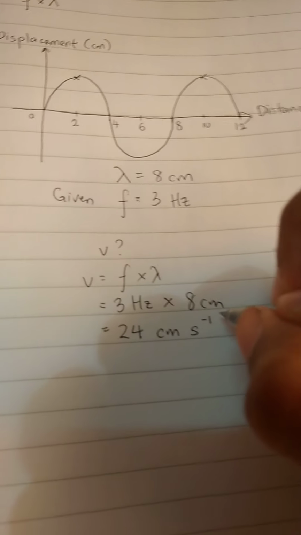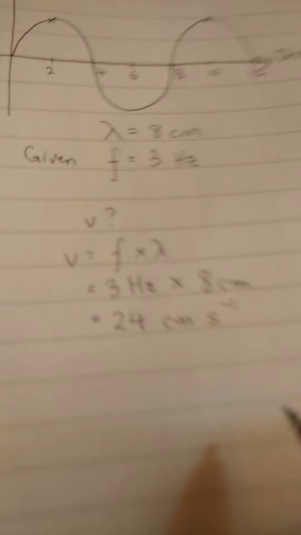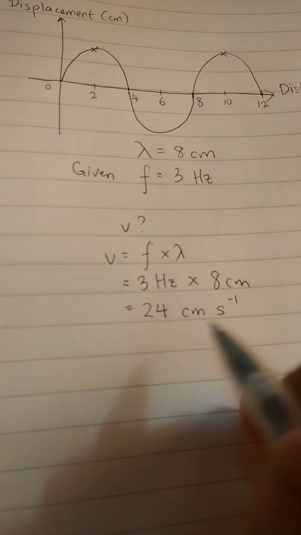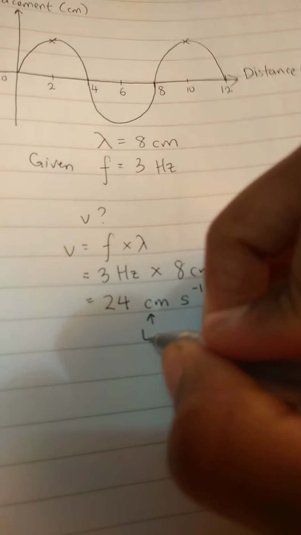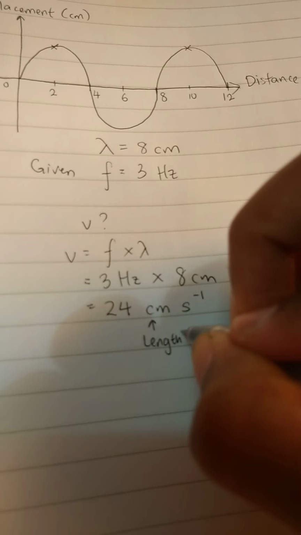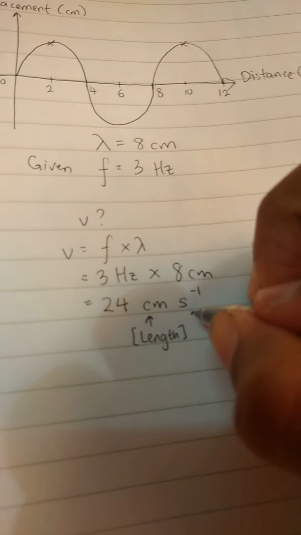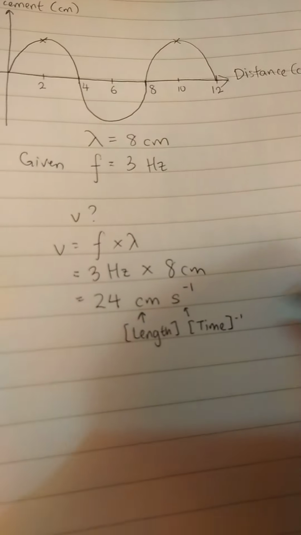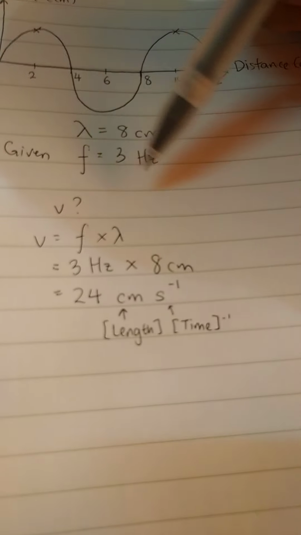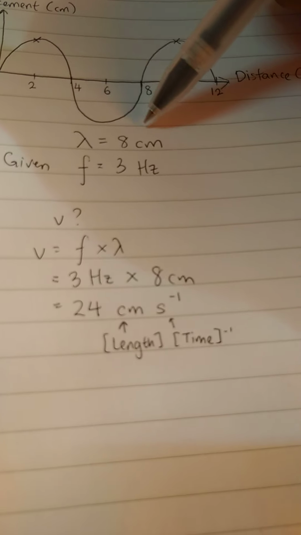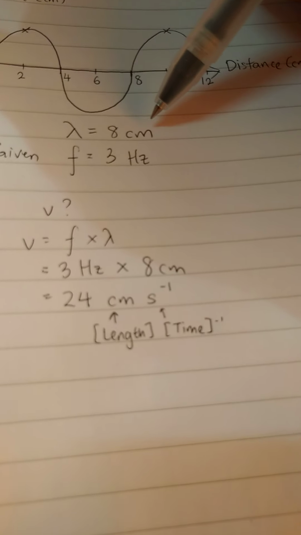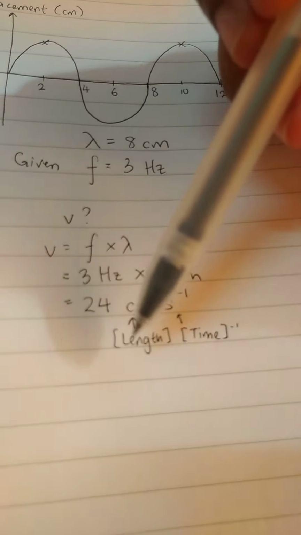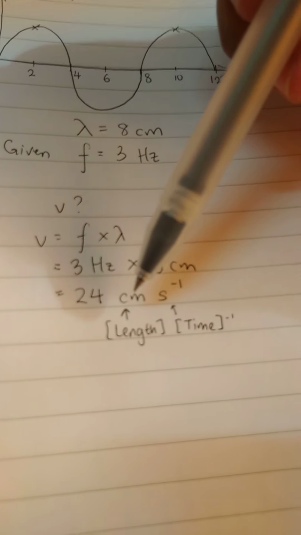Now, who doesn't understand this? It's because, remember, when it comes to a speed, it's always the length unit first, and then over time. Okay, so if I was giving you a wavelength of 8 meter, then your speed of the wave will be 24 meters per second.